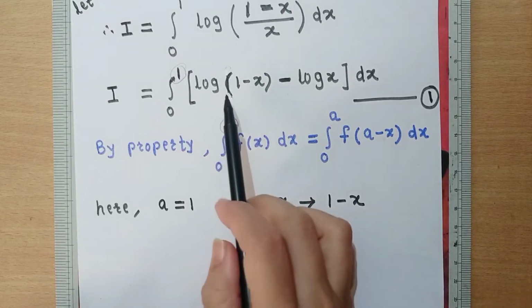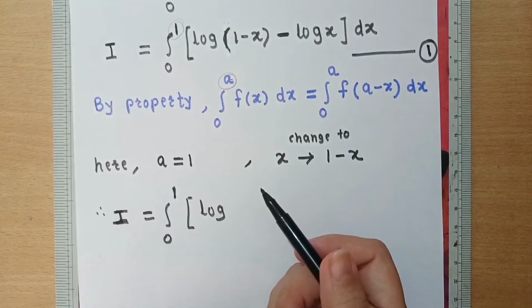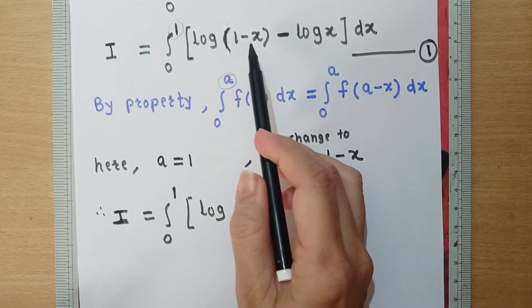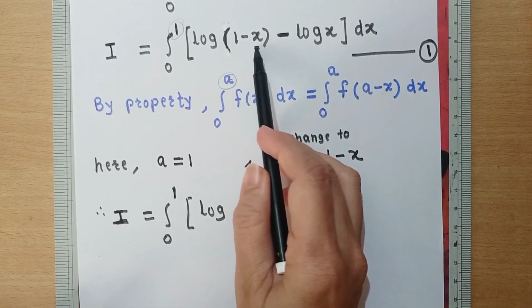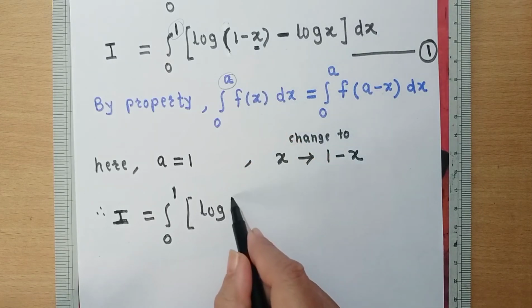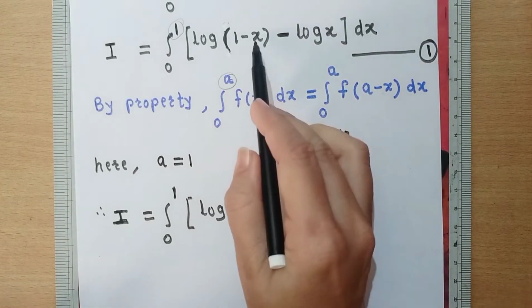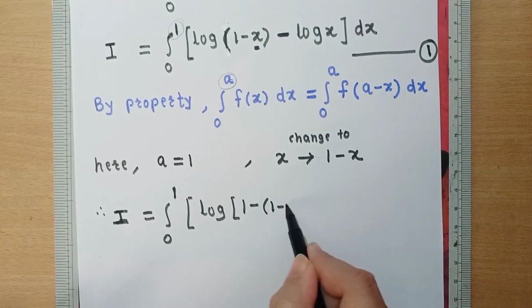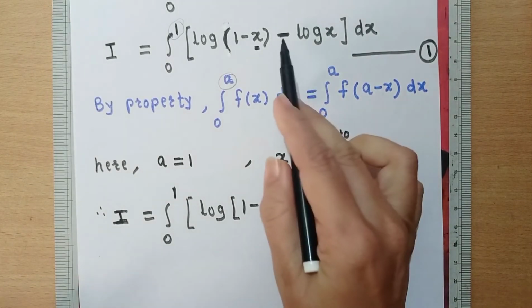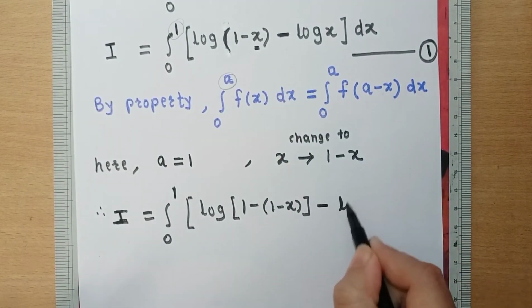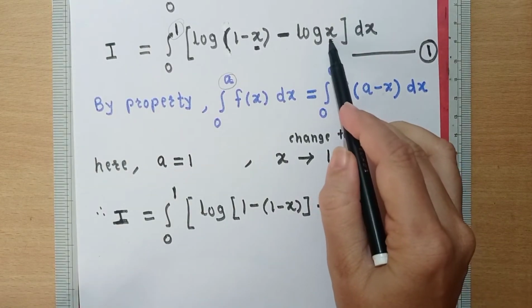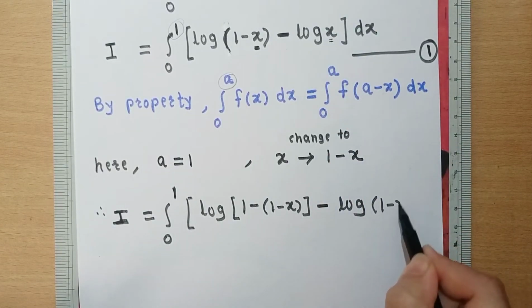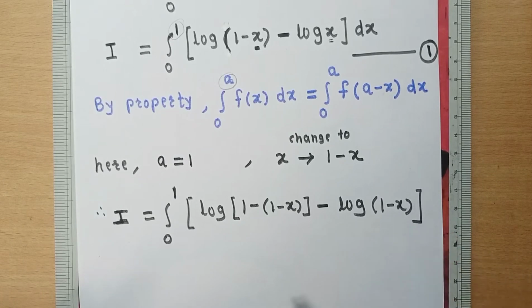Wherever there is x, we replace it by 1 minus x. So log of (1 minus (1 minus x)), and then minus log of (1 minus x), with the square bracket complete.